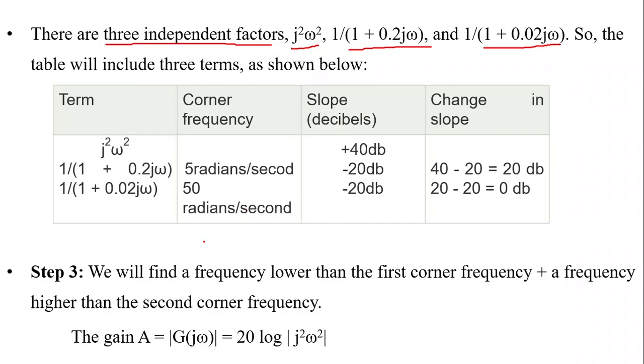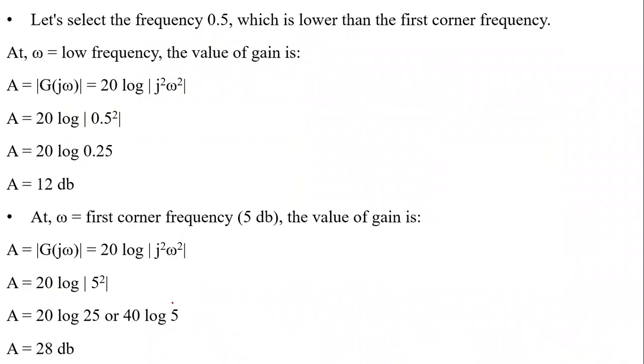After that we have to find a frequency lower than the first corner frequency, as well as a frequency higher than the second corner frequency. We already know the standard representation of the gain in the Bode plot: the gain A is the modulus of G of j omega, equal to 20 log of modulus of j squared omega squared.